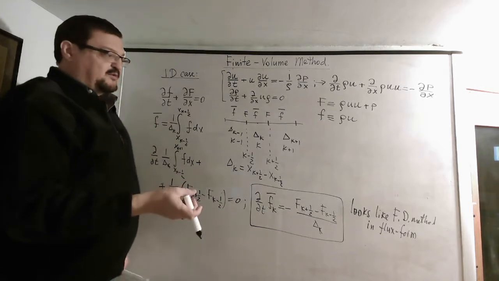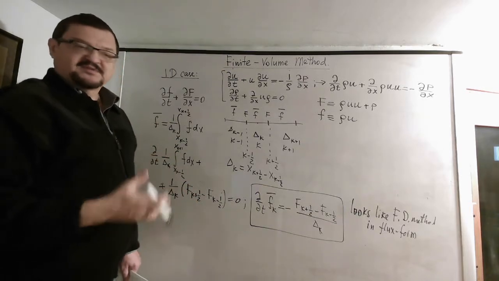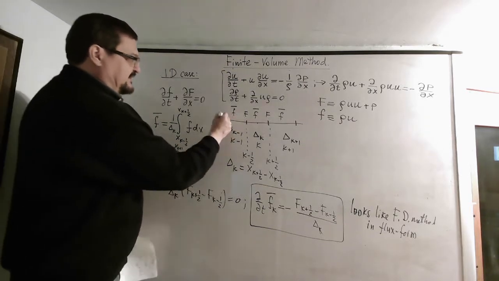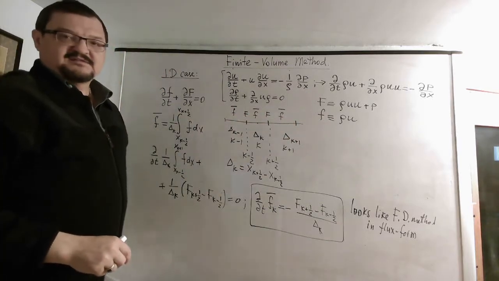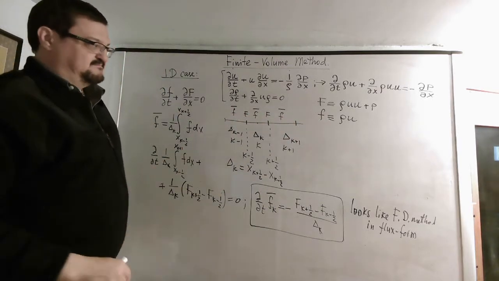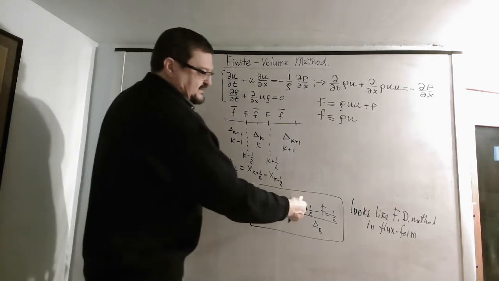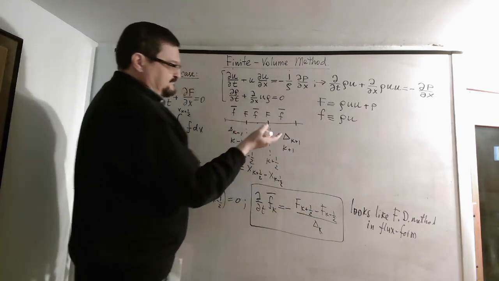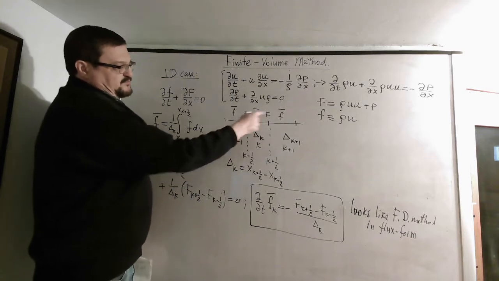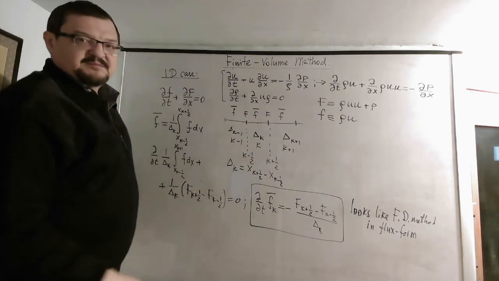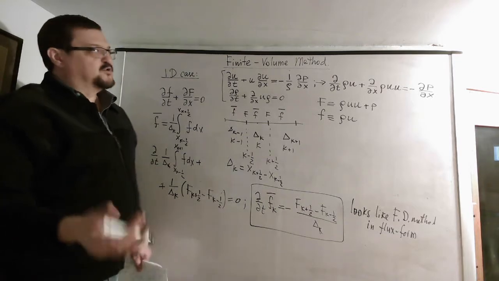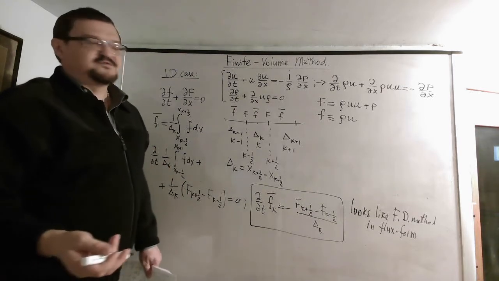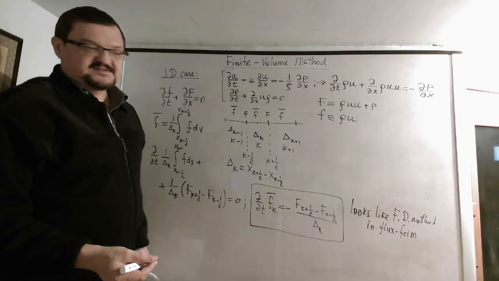You can use first order, second order, third order approximations, using all these values of f, and that is all about how you approximate your fluxes at these boundaries and which information you use for that. Conceptually it's the same problem as finite difference. So there is no real advantage of finite volume method, nor anything new it would bring, in the one-dimensional case.